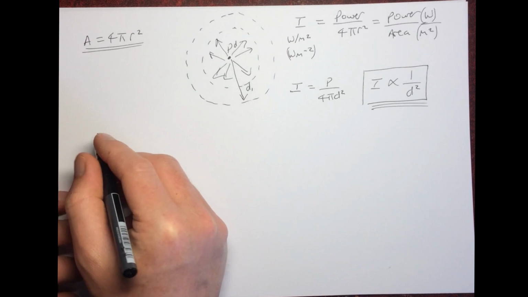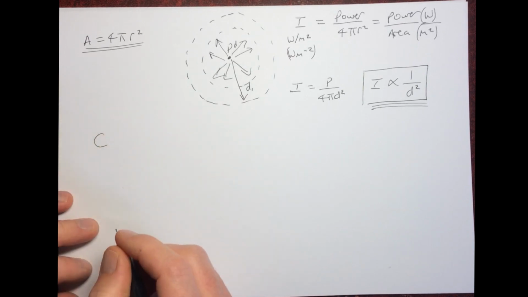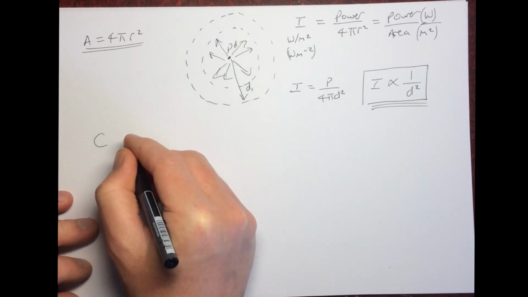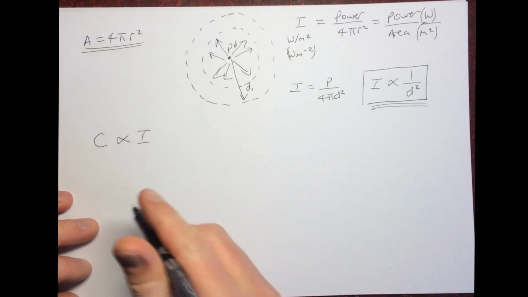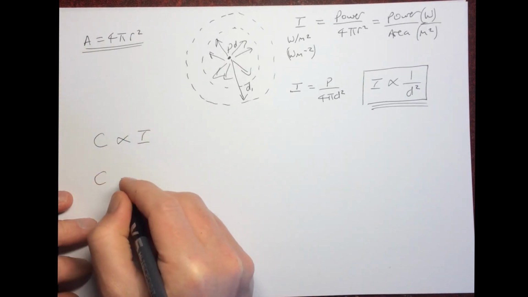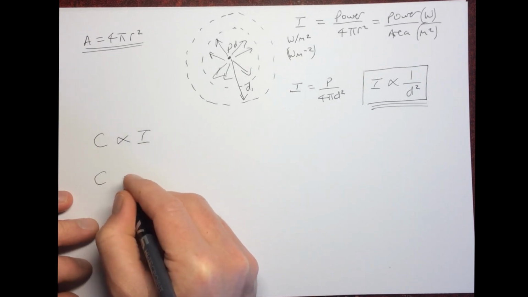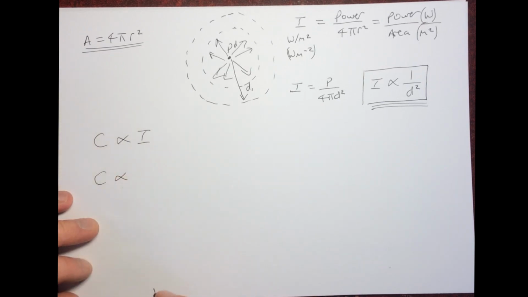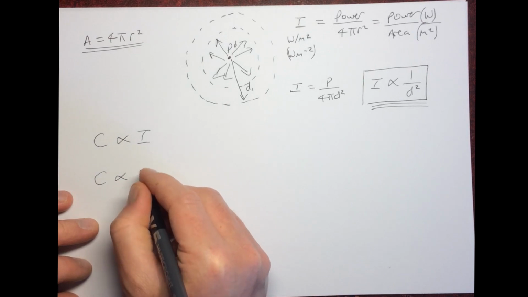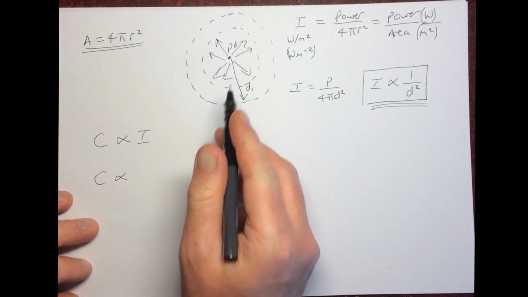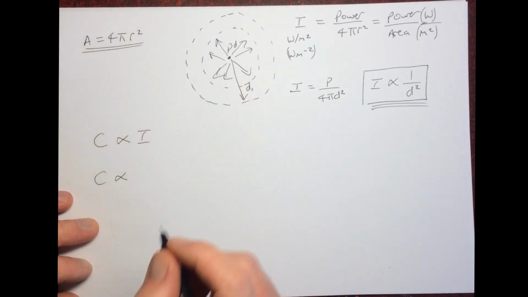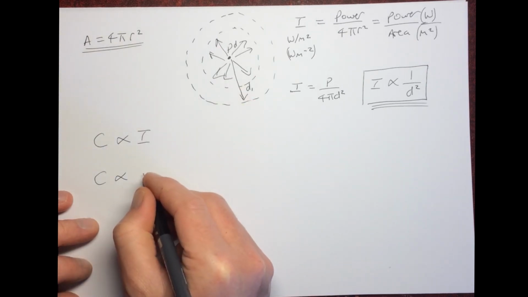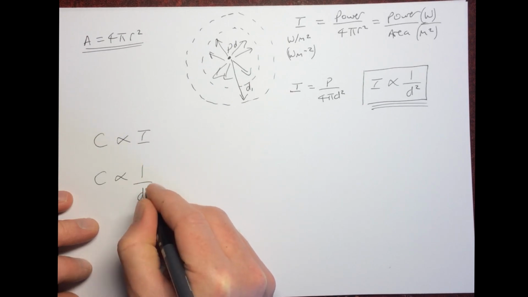The next thing to say is that the count rate of a gamma source is proportional to the intensity. We won't go through all the maths here, but you can show that the count rate at a particular distance from the gamma source is directly proportional to 1 over the distance from the source squared.